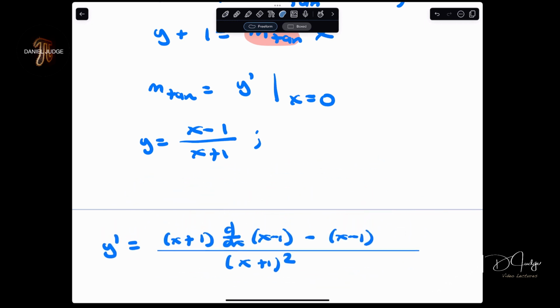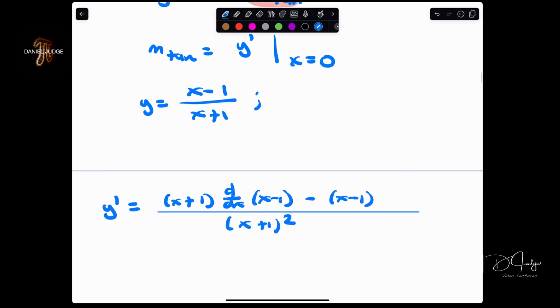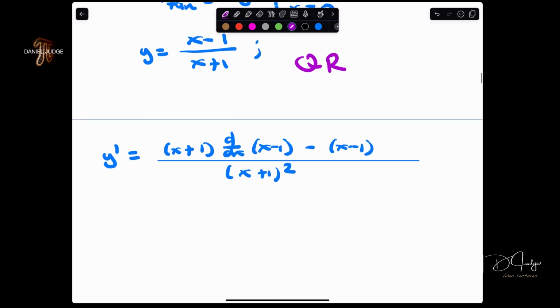This is the quotient rule, if you guys recall. We have to differentiate now the denominator. This derivative is 1.